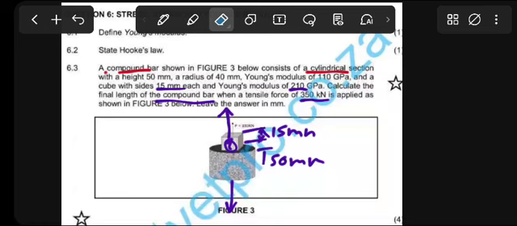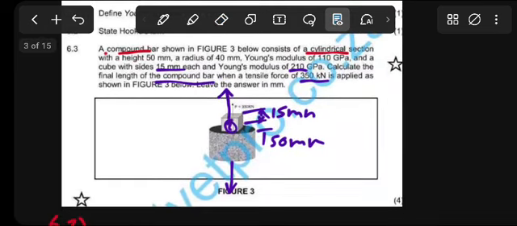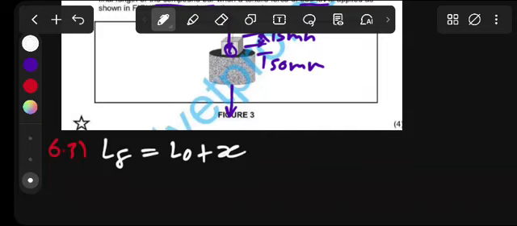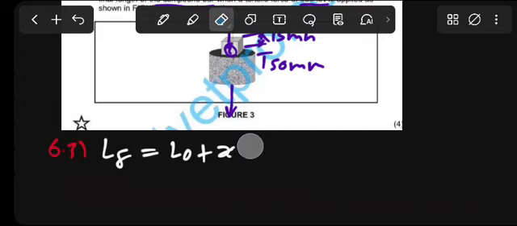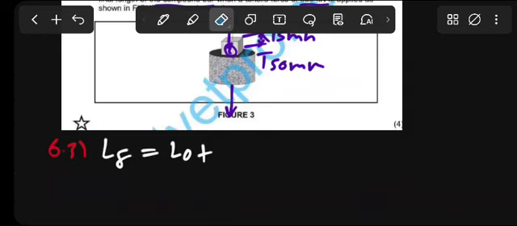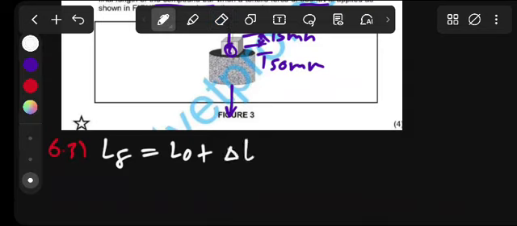Let's see how we can attack this. It says we should calculate the final length. We know that the final length is equal to the initial length plus the change in length, which is x, the extension.